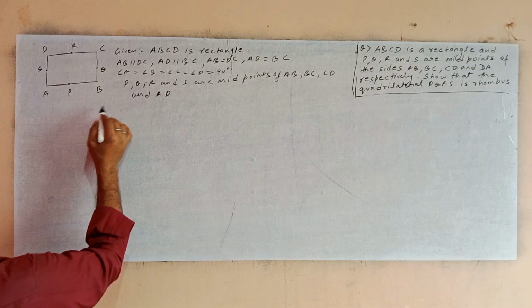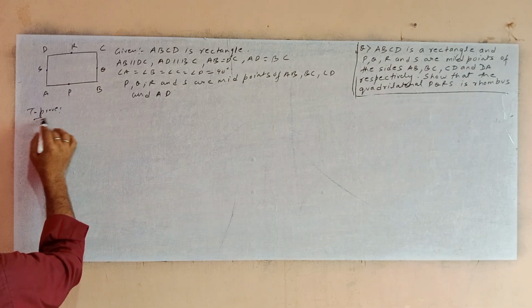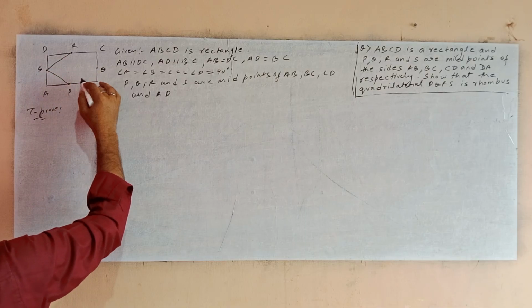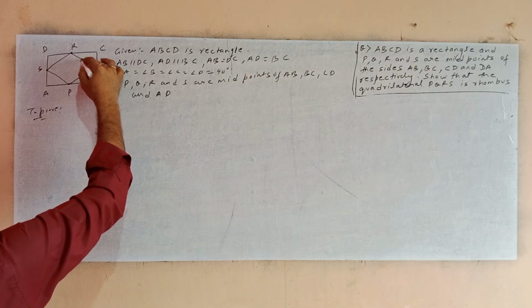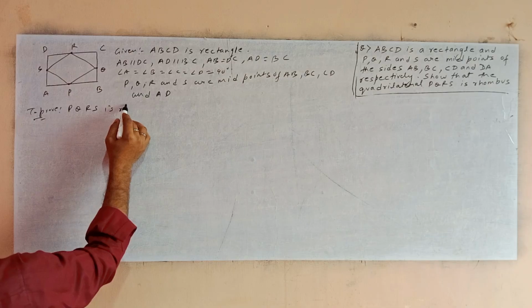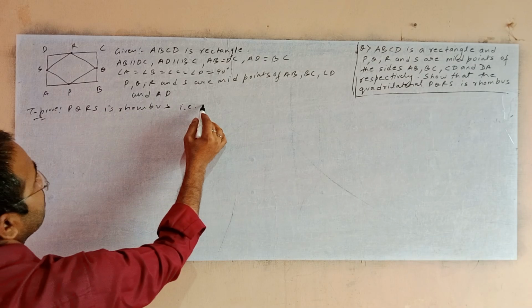Okay. Now to prove, you have to prove that PQRS, on joining them, the quadrilateral formed is a rhombus. You have to prove PQRS is a rhombus.